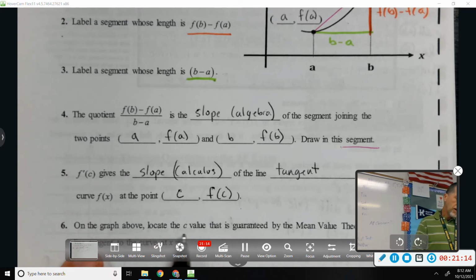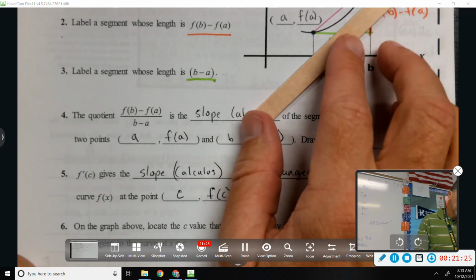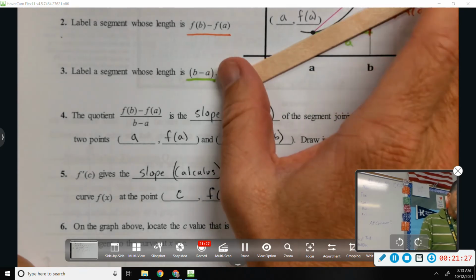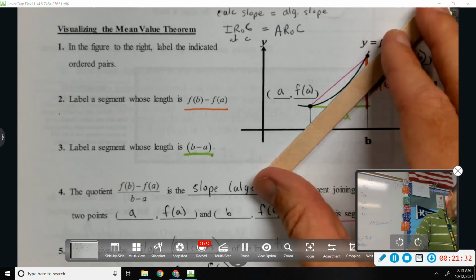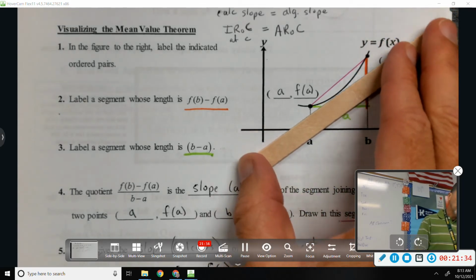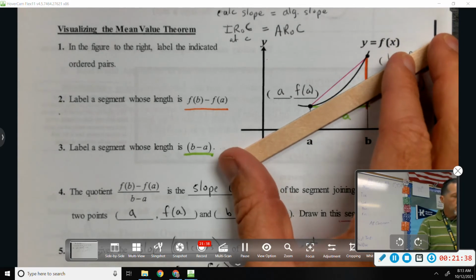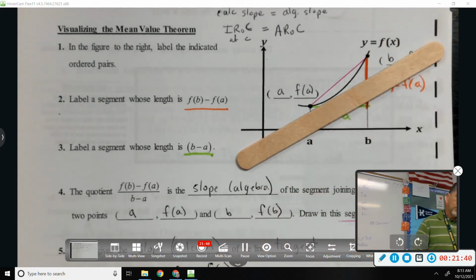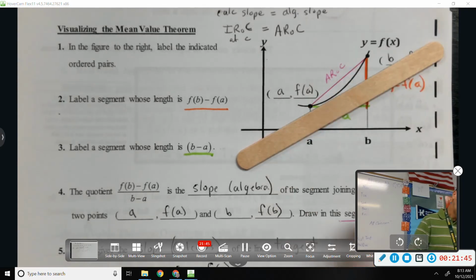On the graph above, locate the c value that is guaranteed by the mean value theorem and draw a line tangent to the curve at x equals c. So somewhere on this graph there is a tangent line. I got my popsicle stick serving as my tangent line. But somewhere along there, this popsicle stick tangent line has the same slope as the algebra slope. The average rate of change.